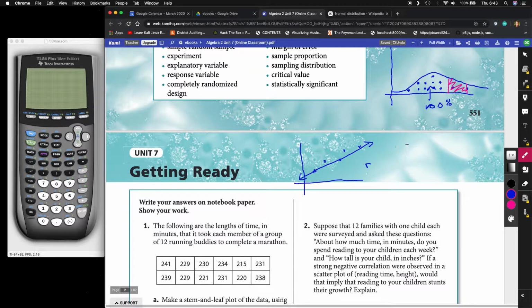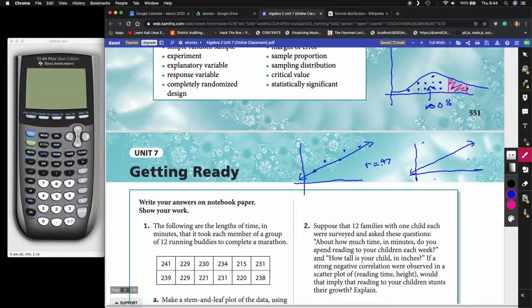So, for example, let me give you an example of an R value, maybe 0.97. I'll talk about what that means in a second. And you might have the exact same line, because you can always calculate a line of best fit.